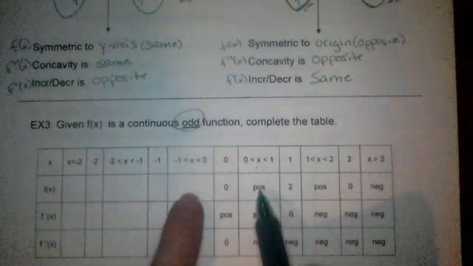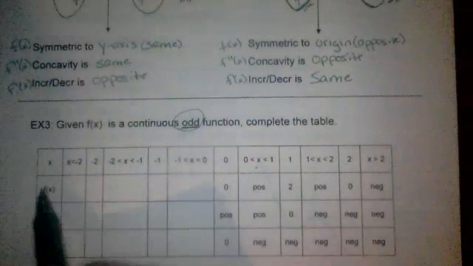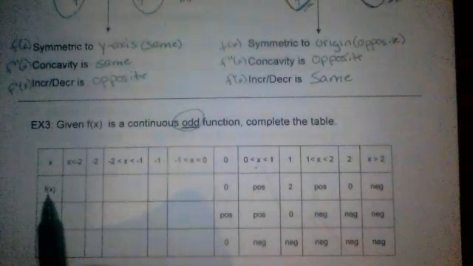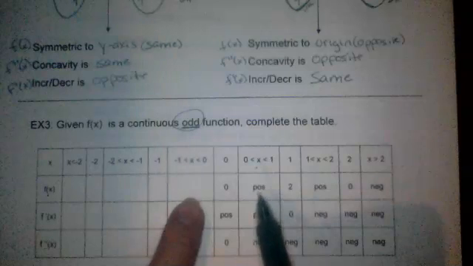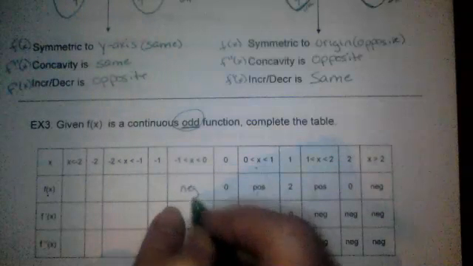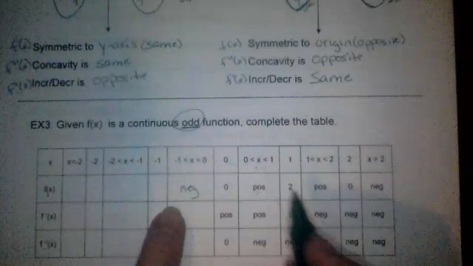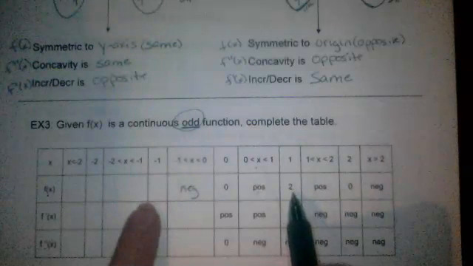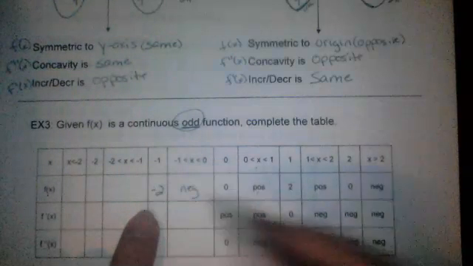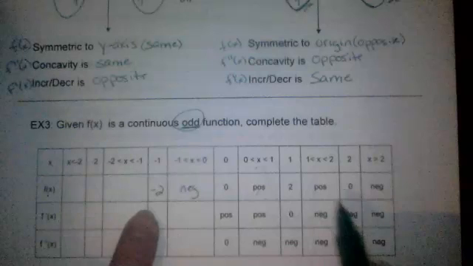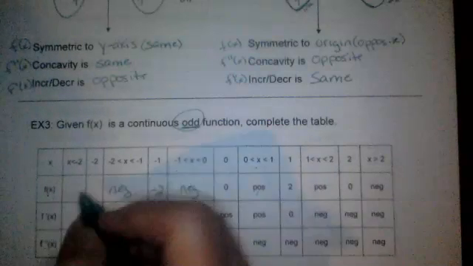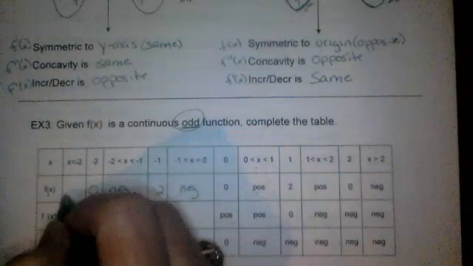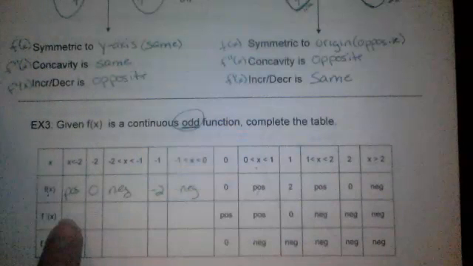And so whatever this says for our value of the function is going to have to do with its symmetry. And so these are going to be opposite. So in this section it was positive, so in this section it would be negative. Here at 1 it was 2, so at -1 it would be -2. Where it's positive, negative. 0 is still 0, negative would be positive.